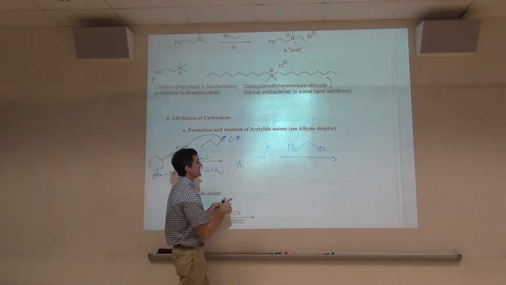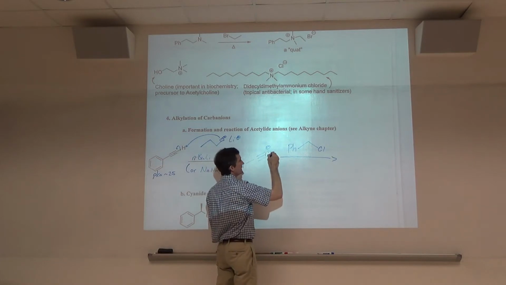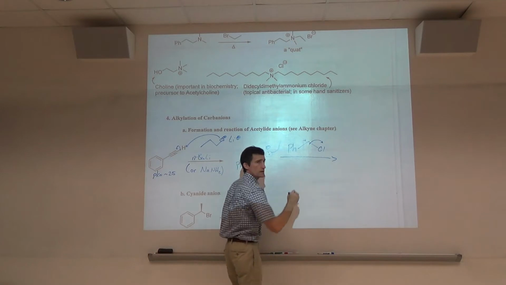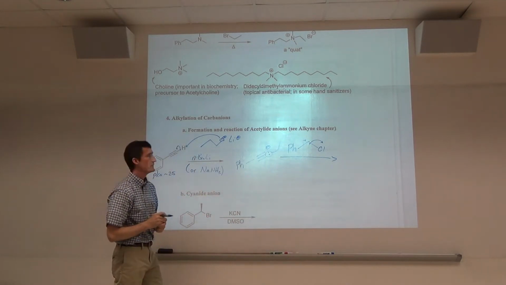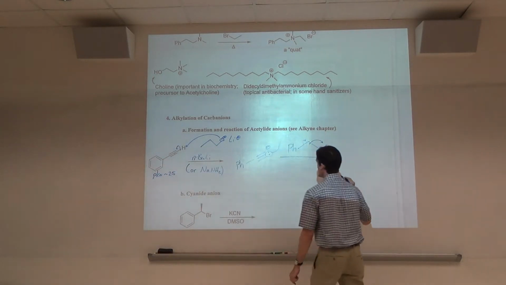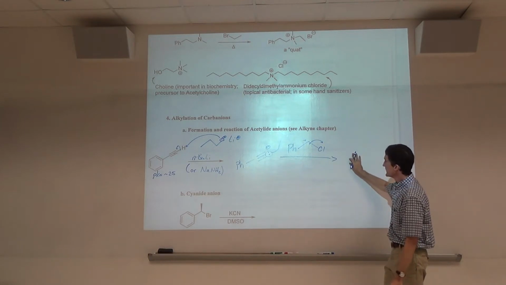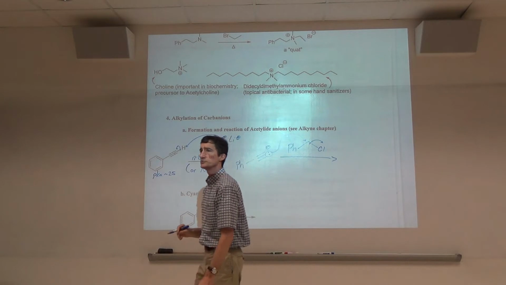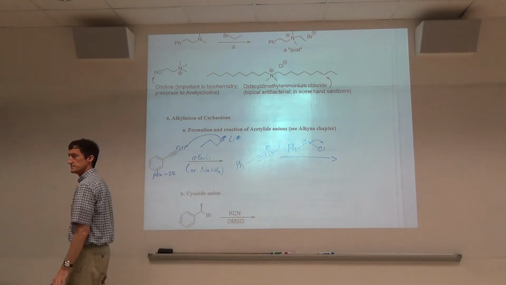And what can happen? These electrons can add to the carbon, kick off the leaving group. And what does that give? So draw the product there, and once you draw it, highlight the bond that was made.